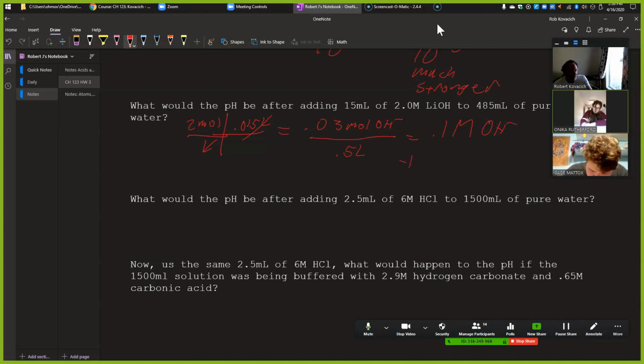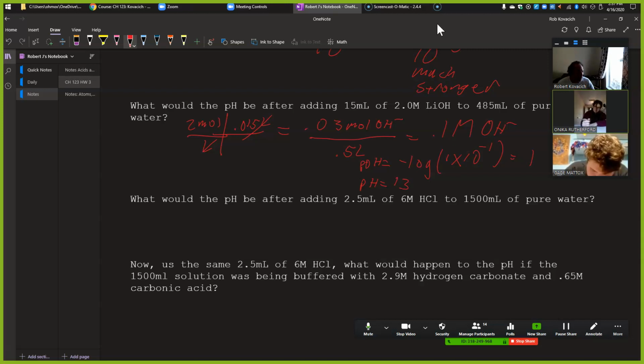And so if I take the negative log of the OH, which is 0.1, or the other way to write this, to make it even easier, would be 1 times 10 to the negative 1. You'd end up with a pOH of 1. So then my pH will be equal to 13.